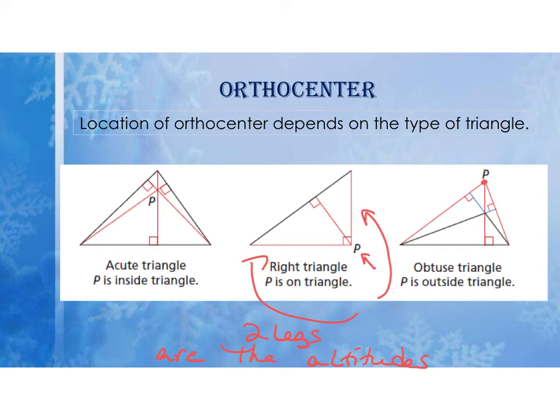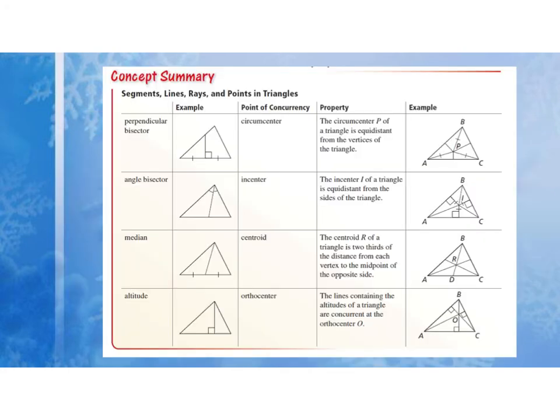And then the last slide is just a summary of all of what we've talked about in Chapter 6. We talked about perpendicular bisectors. Their point of concurrency is called the circumcenter. We talked about angle bisectors. Their point of concurrency is the incenter. We talked about medians. Their point is the centroid.